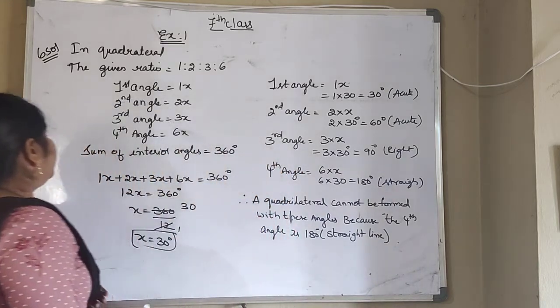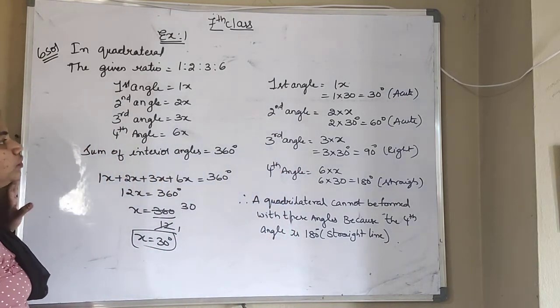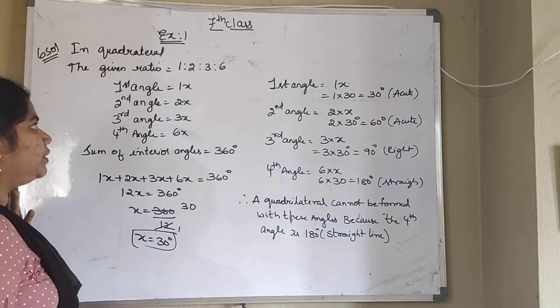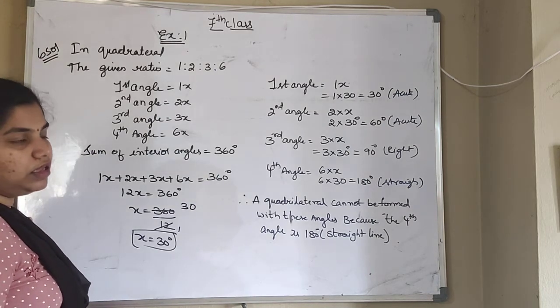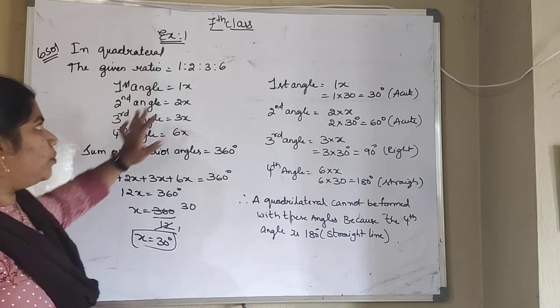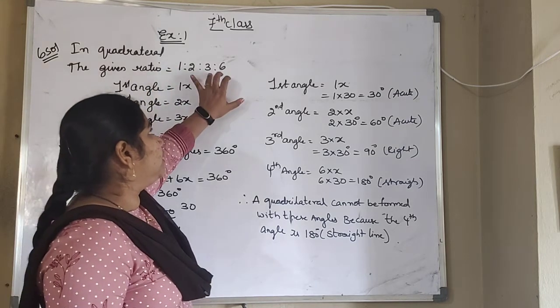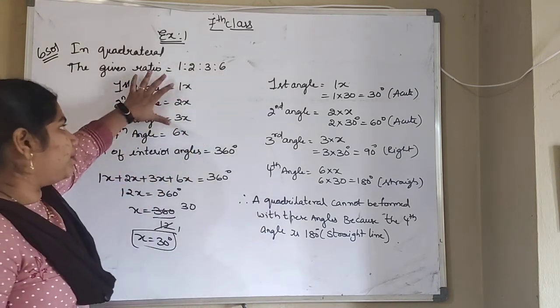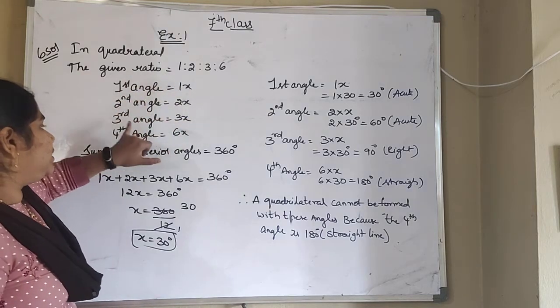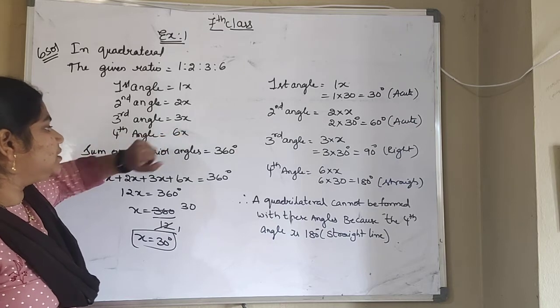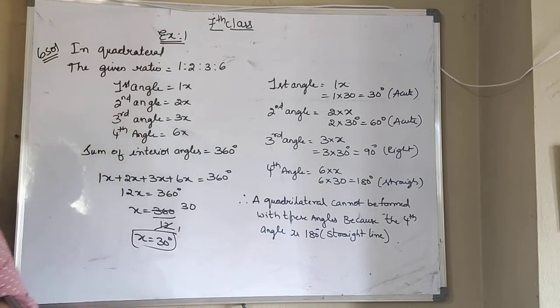So once again, in a quadrilateral the given ratios are 1:2:3:6. Every ratio will be converted into the form of an angle, as a multiple of 1, 2, 3 and 6. So I am writing it in the form of x. The first angle is 1x, second 2x, third 3x, fourth 6x. We know that in a quadrilateral the sum of the angles is 360 degrees.